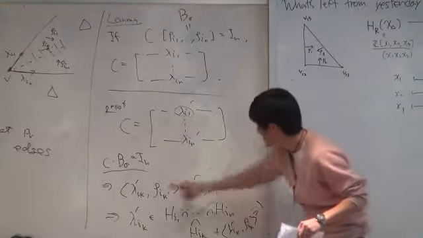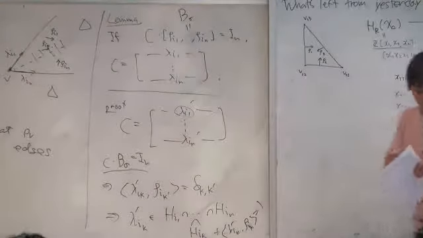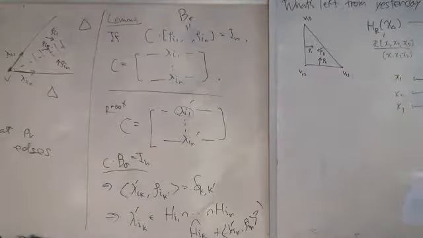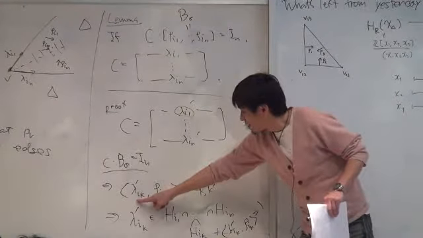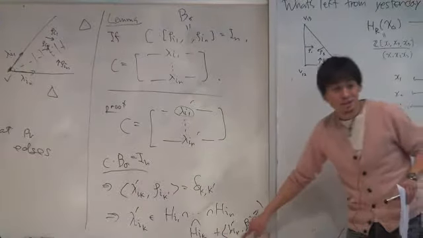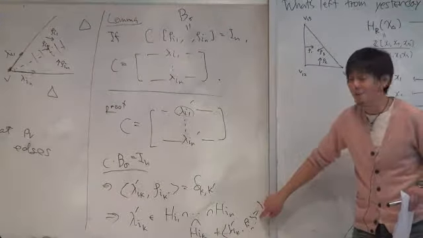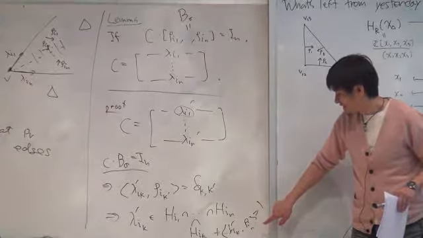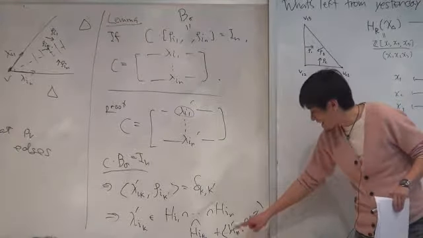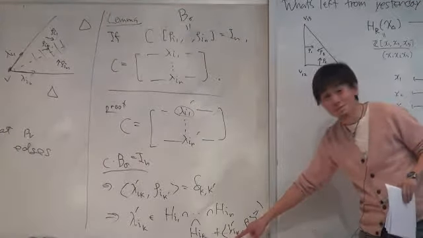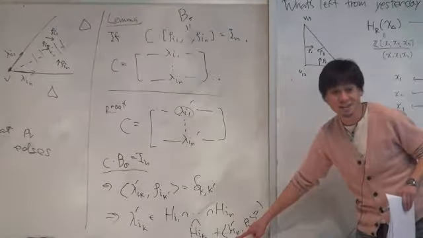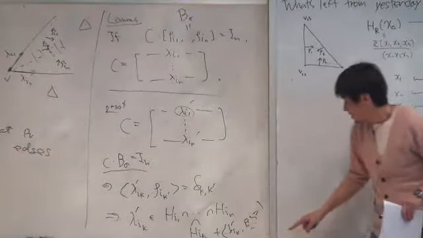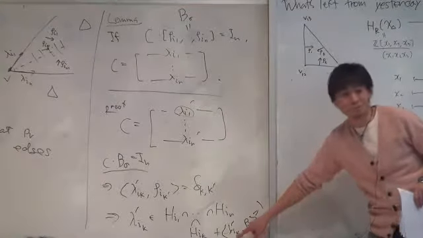And I'm claiming that lambda prime is lambda, right? So now we only need to say that when you look at this lambda ik, this has to be 1. I have to show that this lambda ik prime must be a primitive vector. That's the only thing. But suppose this is not primitive.